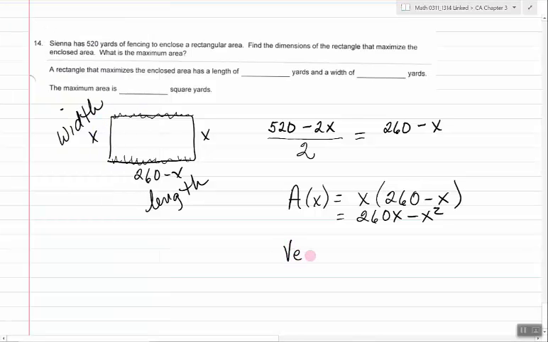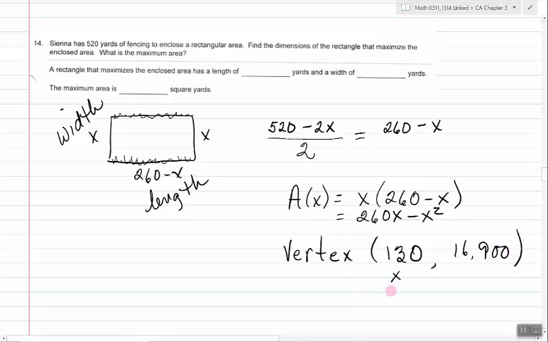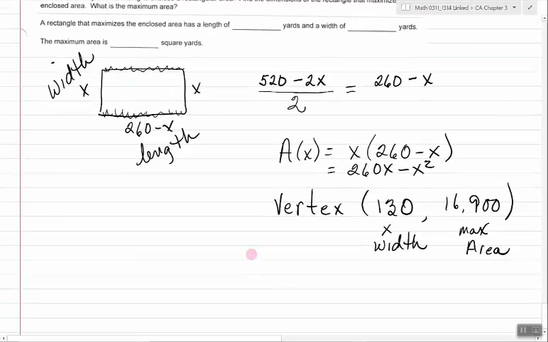So I have a vertex which is 130, 16,900. What is this? This is x, which is the width. This is not the length. This is the max area.